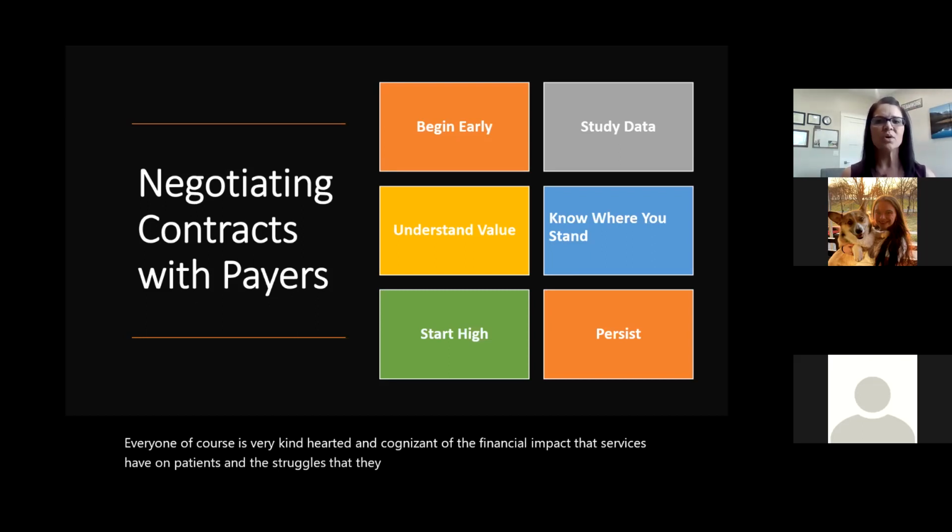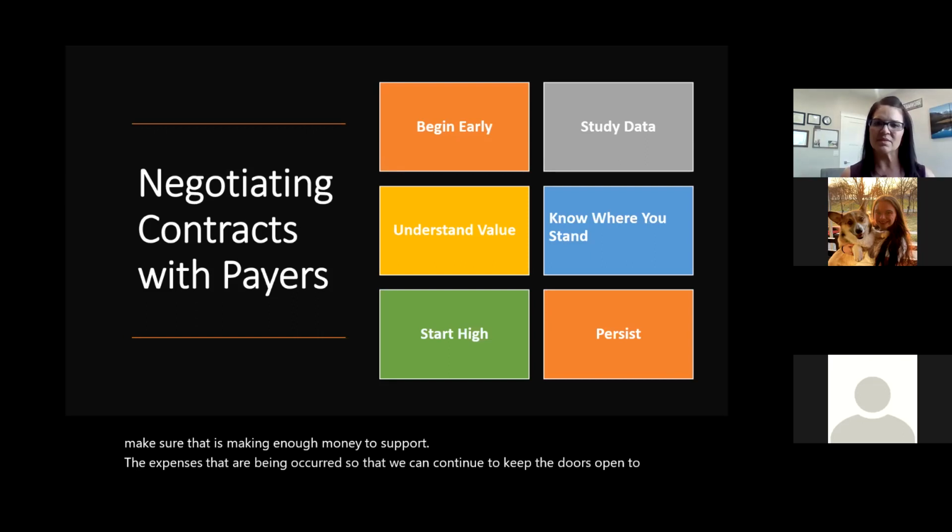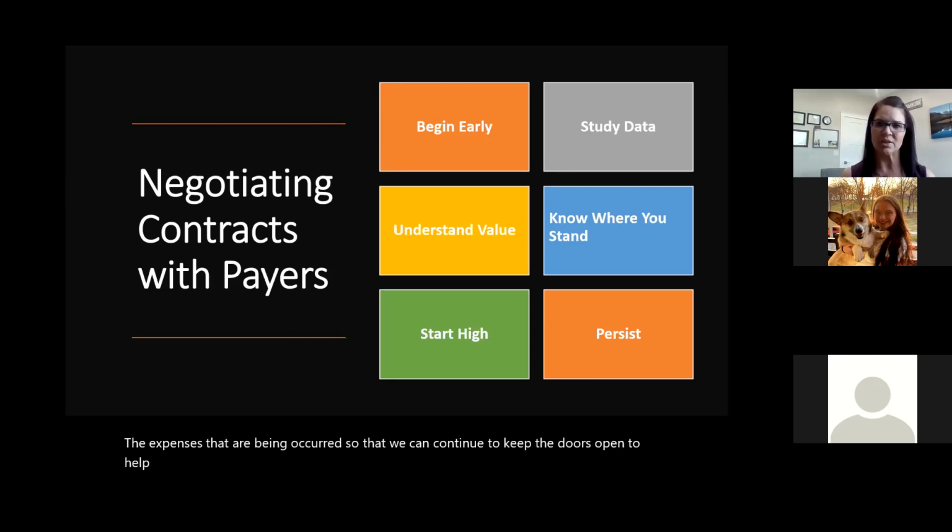But it's also a business that we need to make sure is making enough money to support the expenses that are being incurred so that we can continue to keep the doors open to help this patient population.